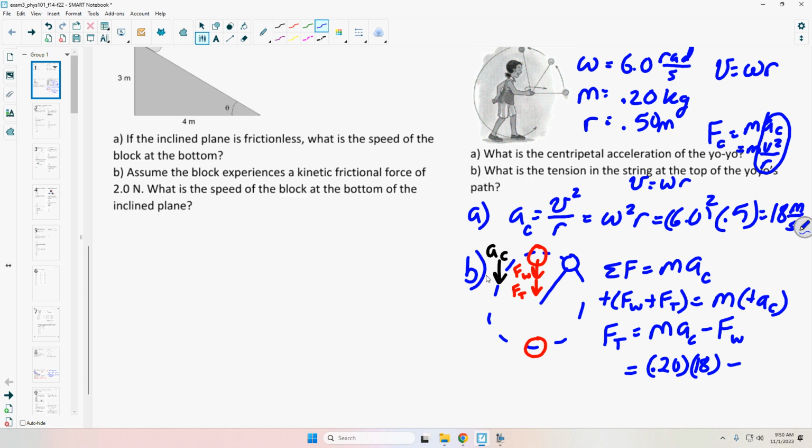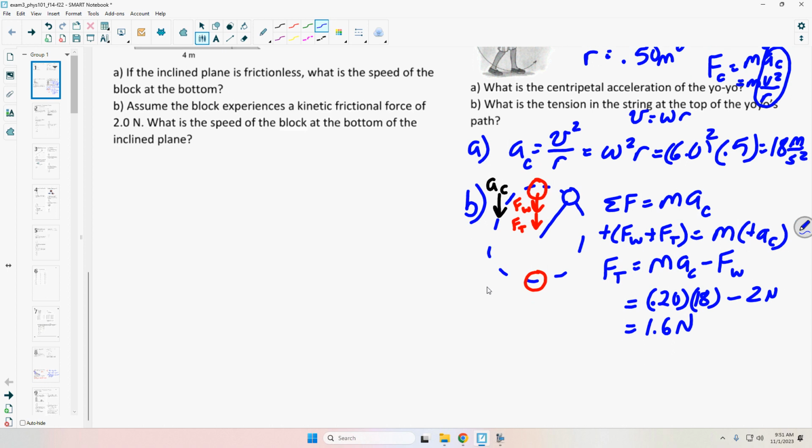I got the weight: I said Fw is equal to m times g. That's equal to 0.2 times 10, or 2 newtons. All right, so that gives me 3.6 minus 2, 1.6 newtons. That's how I would find the tension in the string at the top of the path.